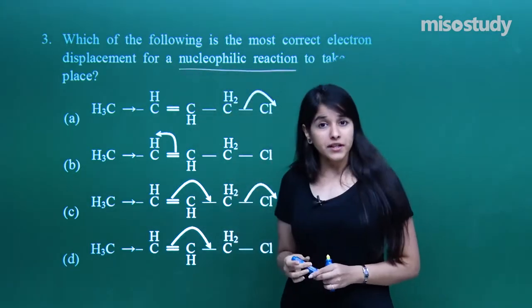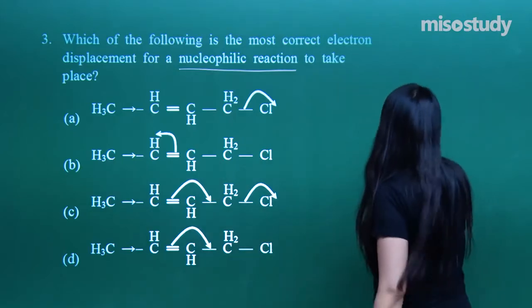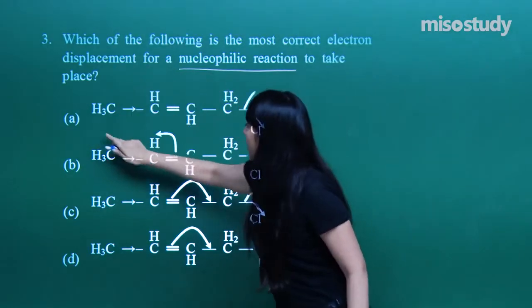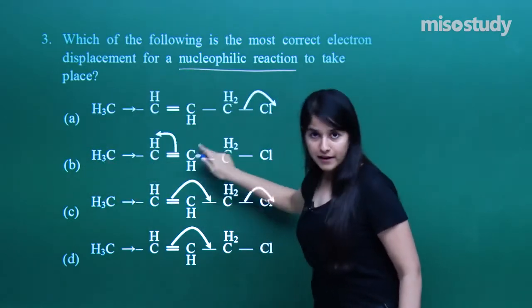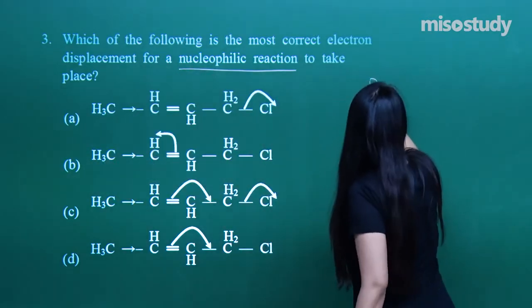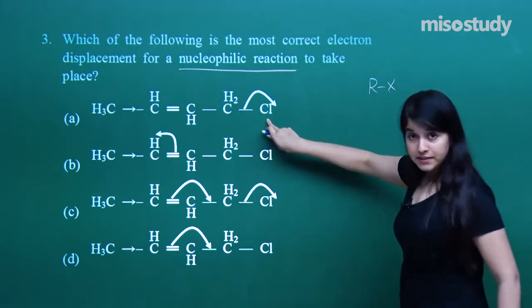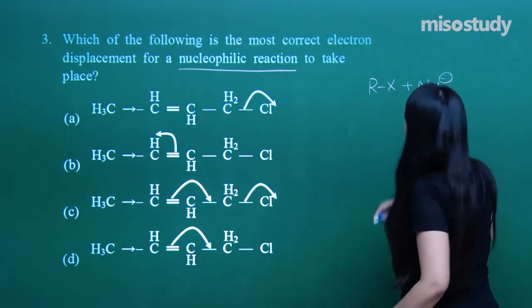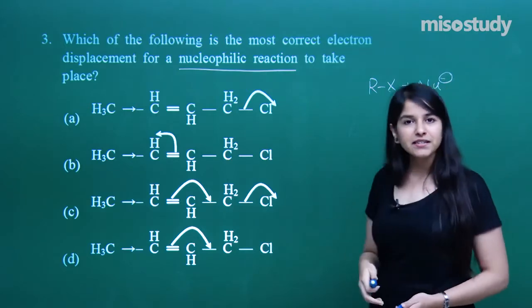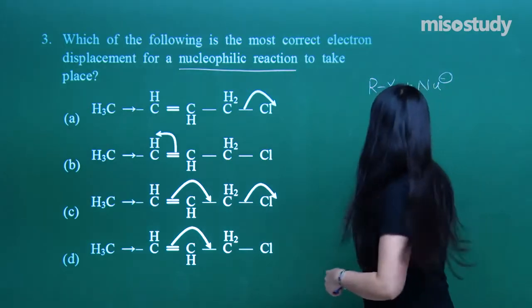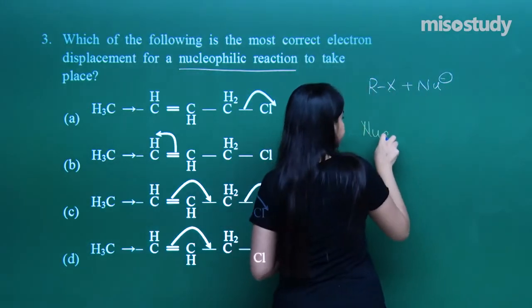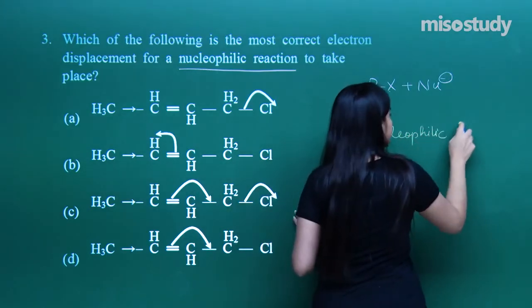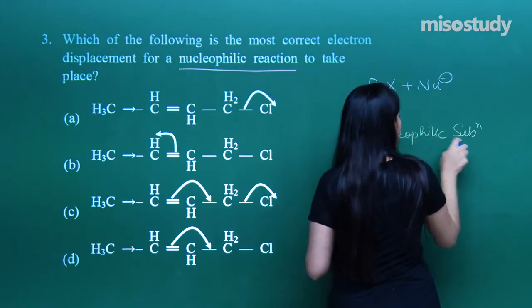So basically, what is happening in the nucleophilic reaction? Let's just say I consider this whole group as R. RX I have got, where X stands for nothing but this Cl. If I have got a nucleophile, what kind of a reaction will that be? It is a nucleophilic substitution reaction.